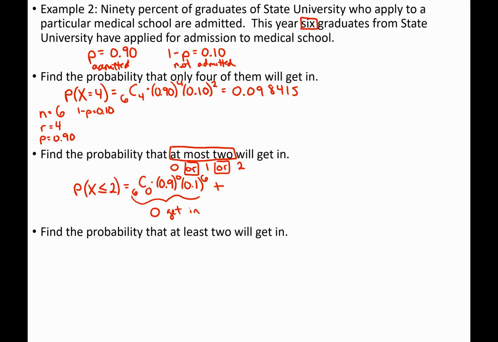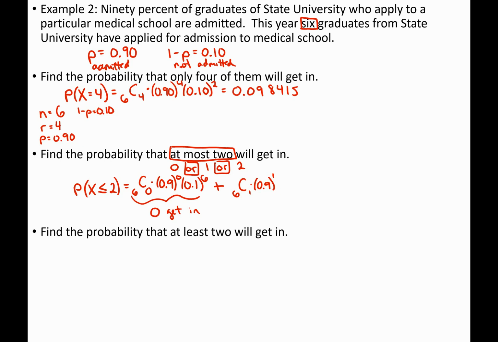1 gets in. So remember that at most piece, we've got 3 different things to look at. We have the 0. Now we want 1 to get in. So 6 applicants, I'm going to choose 1. 6, choose 1. Then we're going to have our 90%. Oops, forgot my 0.